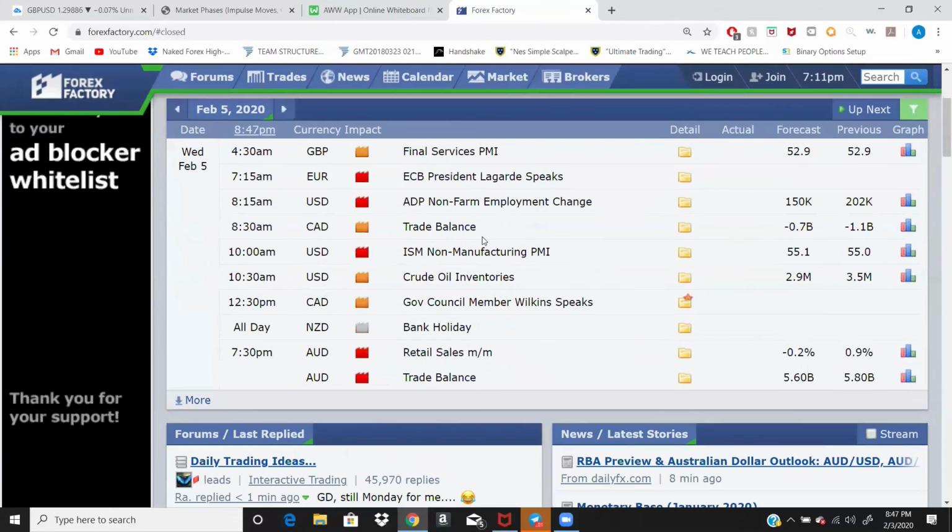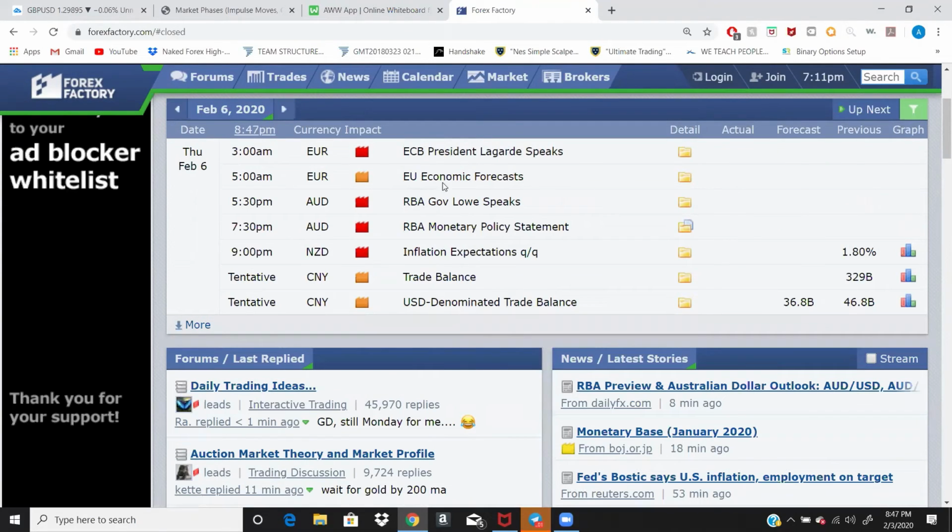February 5th, Wednesday, we have the Euro President, European Central Bank. She's gonna have a speech. Big USD, ADP employment change, and then again AUD at night. Thursday, more Euro and AUD news again.